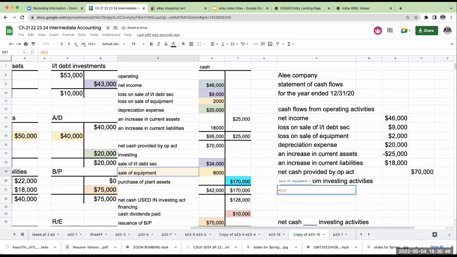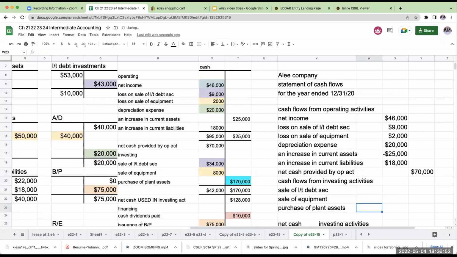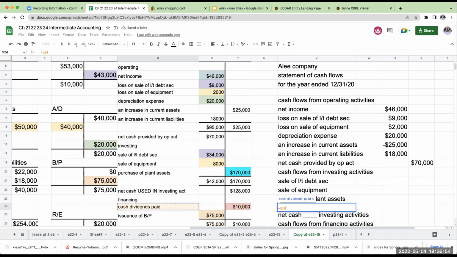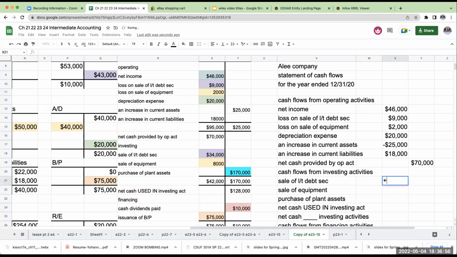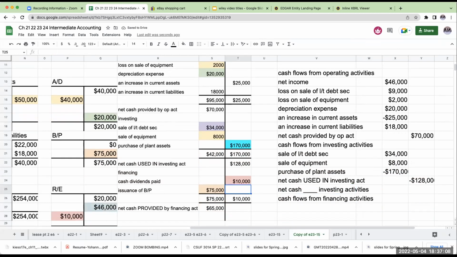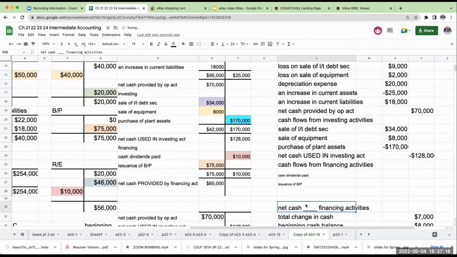For the investing activities, again, I'm just copying this from the T account that I wrote. So over here, sale of long-term debt securities, sale of equipment, and then I had a purchase of equipment for 170. So this is going to be net cash used in investing activities of 128. And then over here, we've got cash dividends paid, issuance of bonds payable.